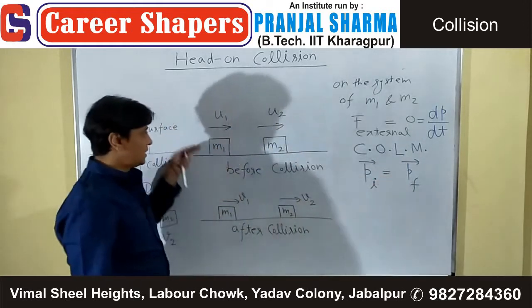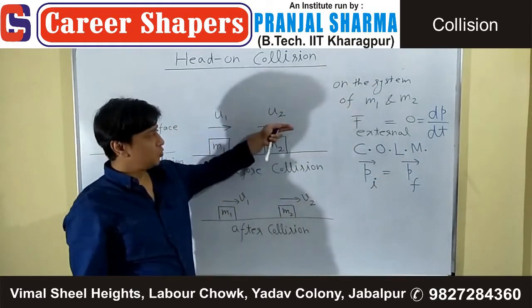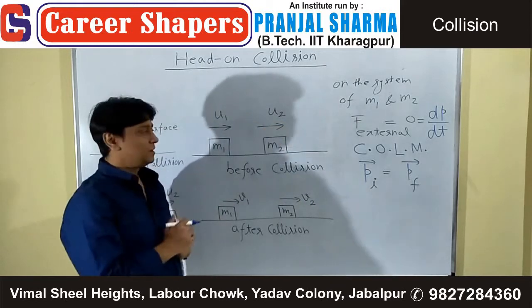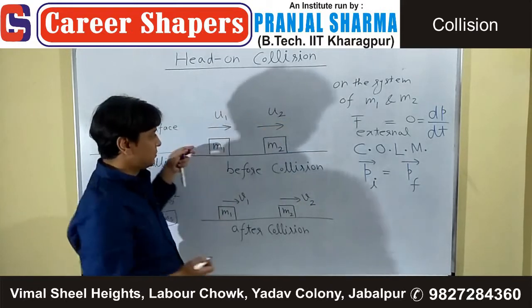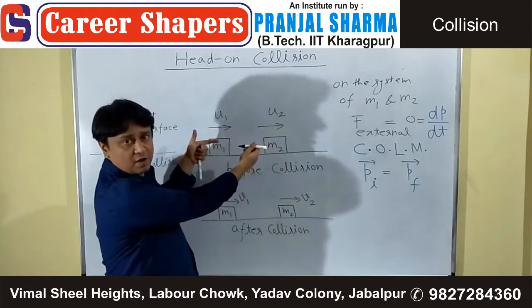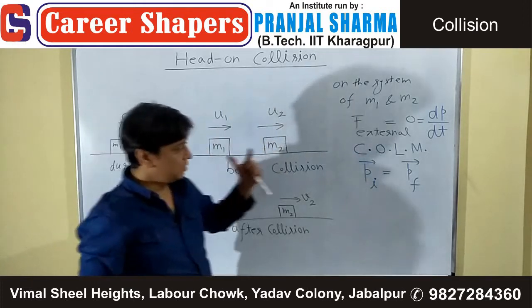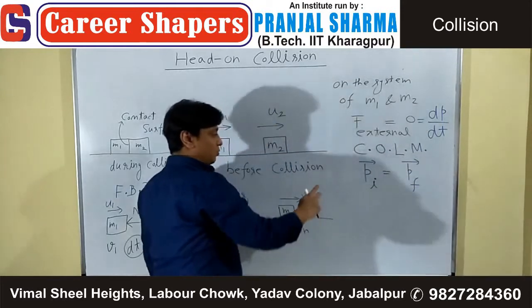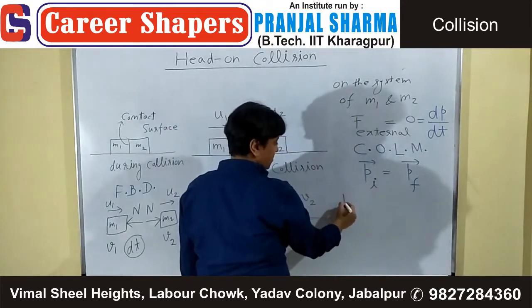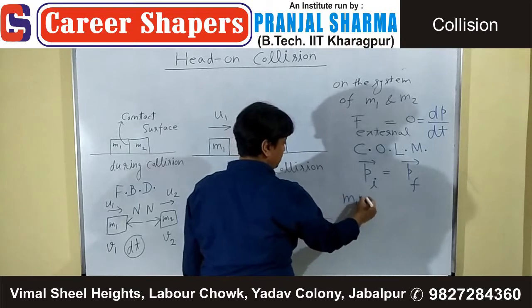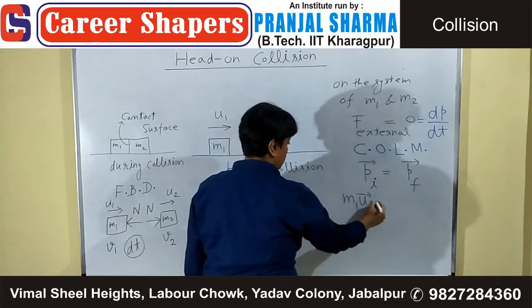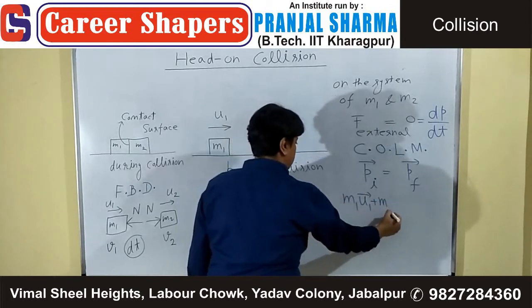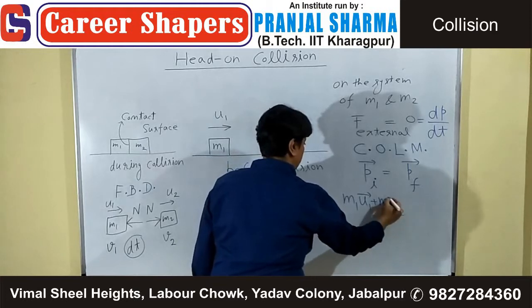I have shown you that this is moving in this direction, this is moving in this direction. But in any example, you can have velocities in any particular direction. That will be taken care of by this vector sign. Now, what is initial linear momentum? m1 is moving with u1, m2 is moving with u2.